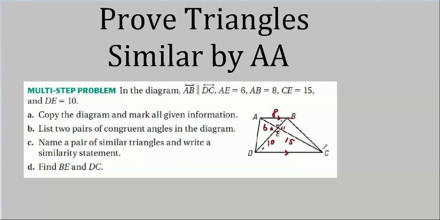We don't have an angle with the parallel line. We just have it here. They asked for a pair, and the top and the bottom would be the pair. And your similarity statement would be like that, I think. I hope.